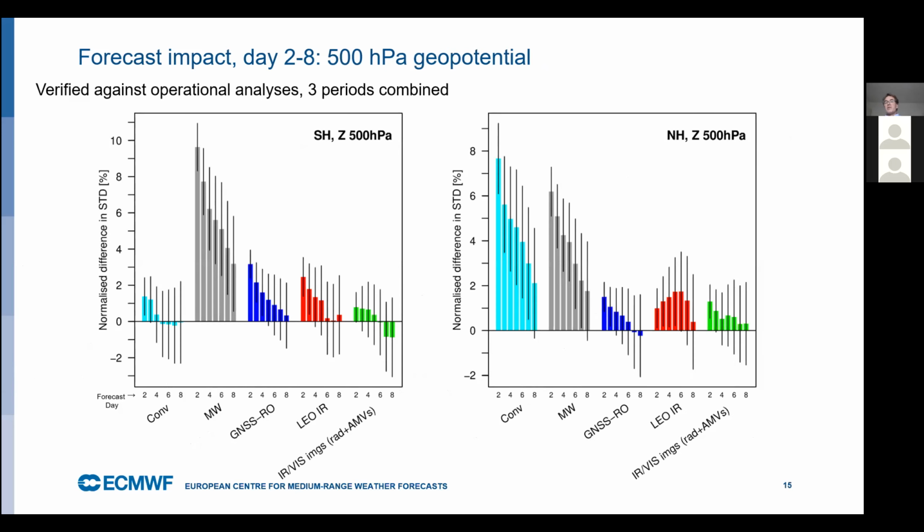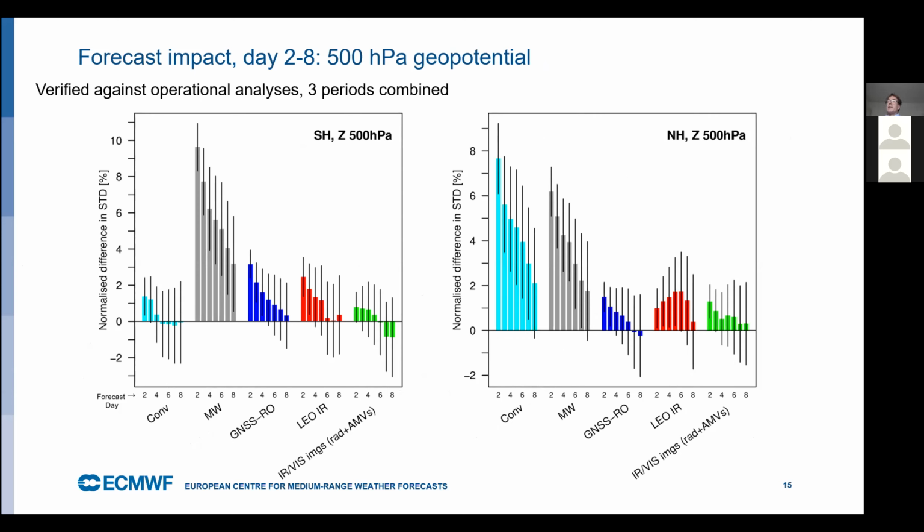Z500 is a traditional metric that we use quite a lot in NWP. Southern hemisphere, we're not having as big an impact as the microwave sounders in these particular experiments on the Z500. Comparable to the LEO IR in the southern hemisphere, but the LEO IR is probably having a bigger impact in the northern hemisphere.